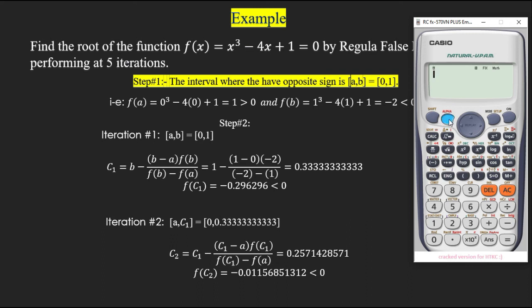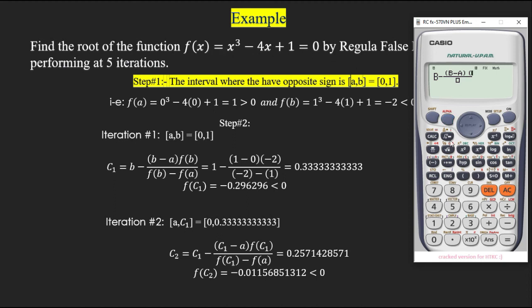So I will write b minus a, alpha, b minus a, bracket close. And what do we mean by f of b? f of b means b cube minus 4b plus 1.